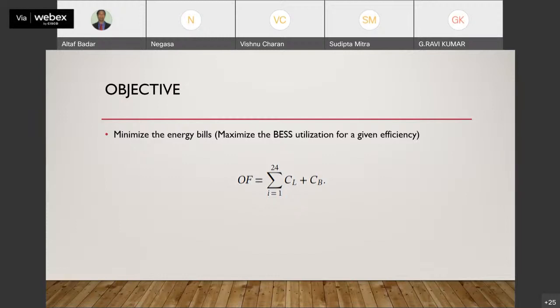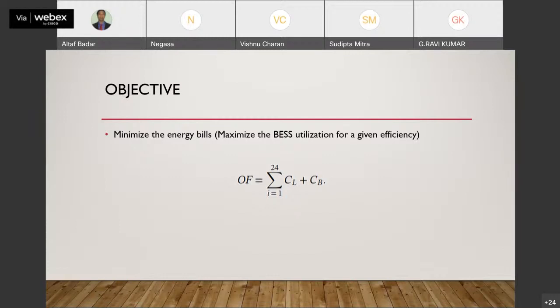So my objective is to reduce the energy bills, and for this I want to maximize the BESS, that is battery energy storage system utilization, for a given efficiency. Whatever I have, I want to optimize it. So here the objective function is the summation of CL plus CB, where CL is the cost of energy used to supply the load, whatever load I have in my house, and CB is the cost of energy required for charging of the battery.